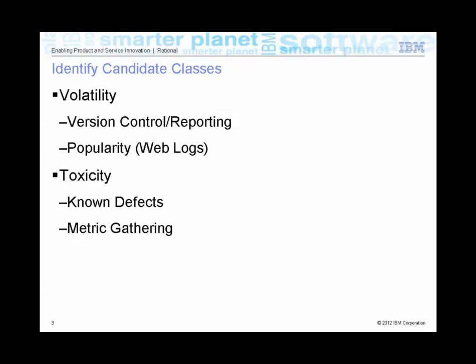So we can get a report, and it tells us what classes, because we're in Java here, are changing the most on a project. From our perspective, that gives us the volatility, the things that change the most. If we're changing things a lot, that means there's something either wrong with it or that we're adding a lot to it. And that's just a metric that we use to get that information out.